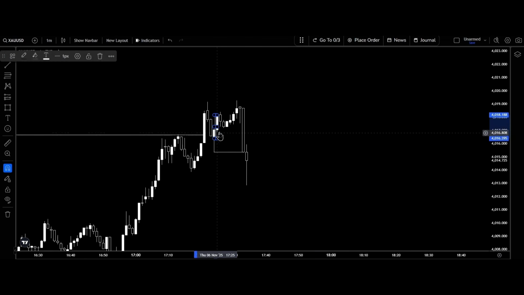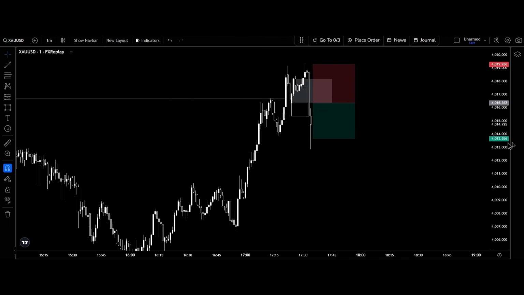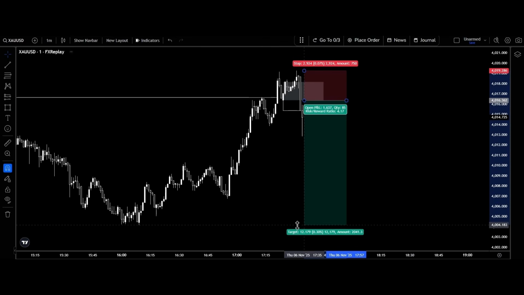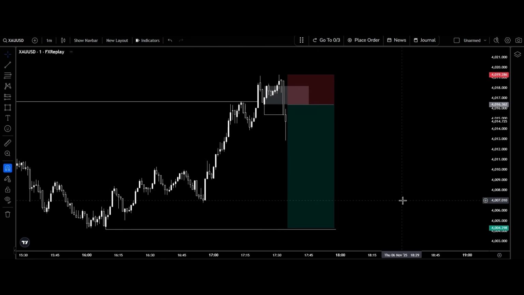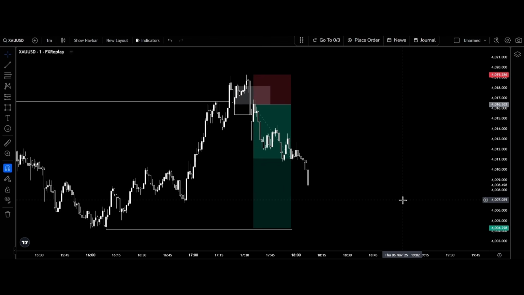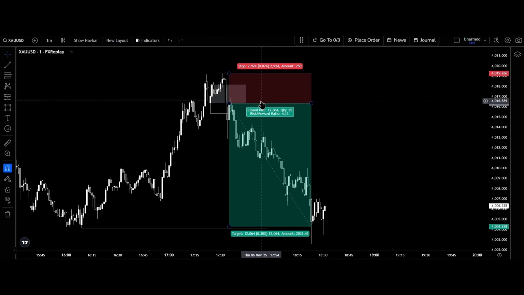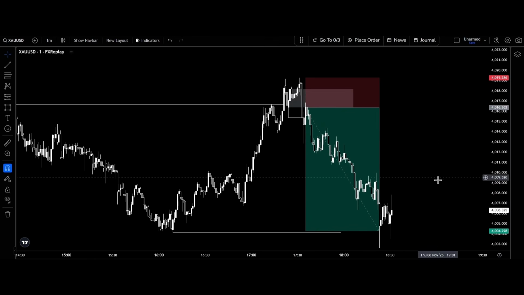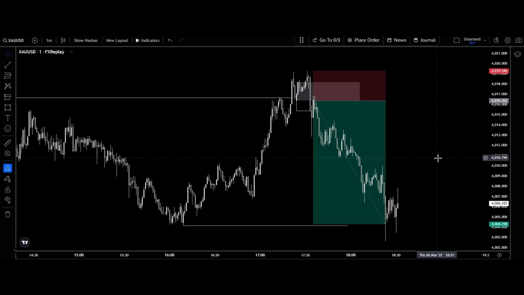Once the shift occurs, we'll use the high to the left as our breaker block, place our stop above that high, and target the recent low. Again, the market respected the breaker, took our order, and provided a precise target completion.